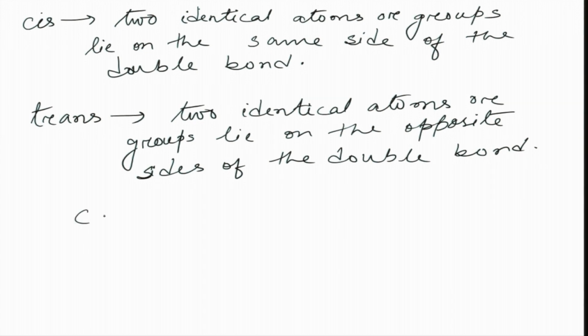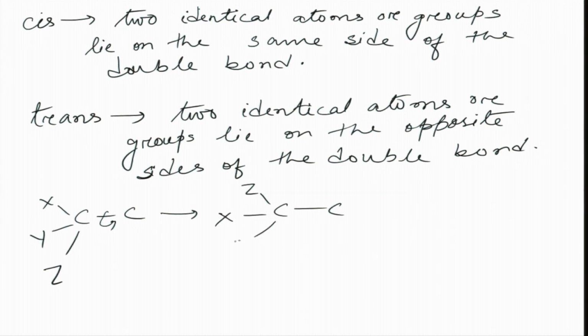Now, if there was a single bond, then it could rotate freely. So, the arrangement of the groups, suppose first of all it was like this, in the next step can change to this.